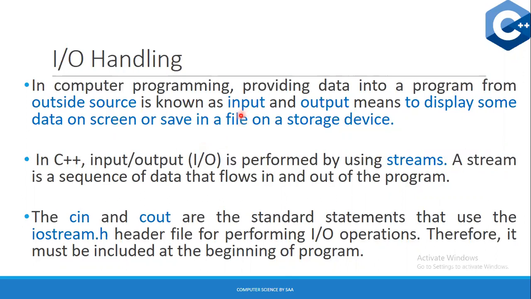To use input and output in our programs, we use various I/O functions, and it is done by using streams. Basically, a stream is a sequence of data that flows in and out of the program.